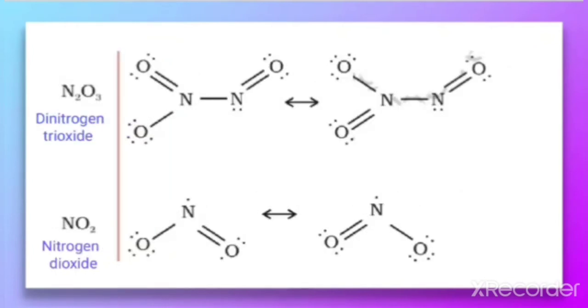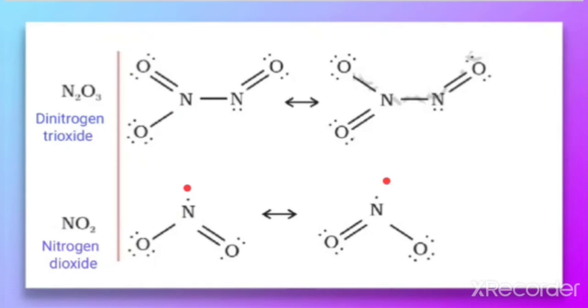Next, the structure of N2O3, called dinitrogen trioxide. In this, the oxidation state of nitrogen is +3. The structure is given here. For nitrogen dioxide, the structure is given. Here also there is one odd electron, so it does not follow the octet rule.